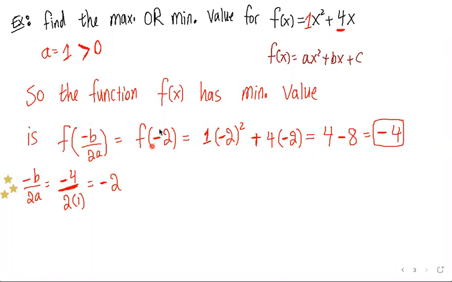About this example, any question? It's easy to find the minimum value. You just plug the minus b over 2a into the function using this formula, and this value is the minimum value. Why? Because a is 1, so the function has a minimum value.